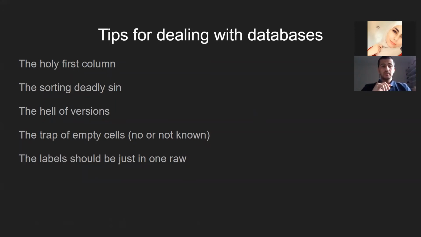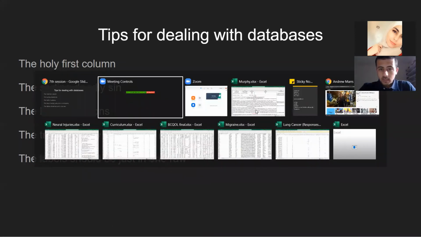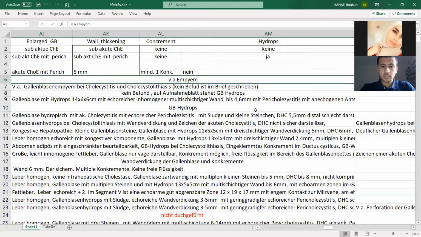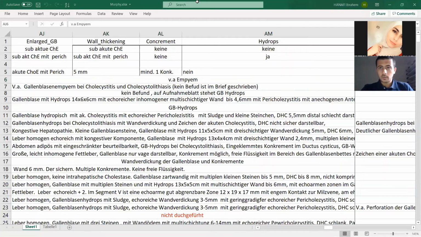The sorting deadly sins. Let me go to the Excel sheet, and please remember the confidentiality of data. Can you see my screen? Yes. Okay, perfect. Here we have some columns.